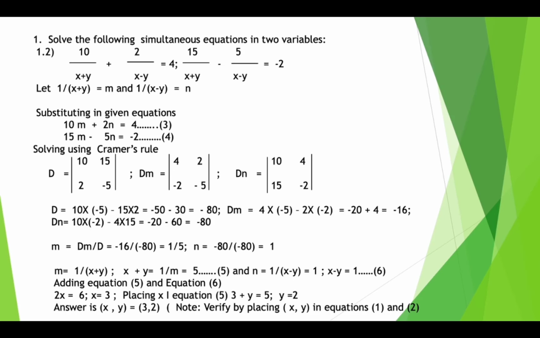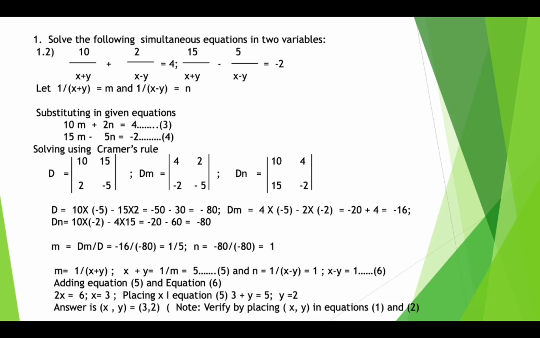Solve them simultaneously using Cramer's rule. Self-explanatory. Can calculate d, dm, dn, and m is equal to dm by d, which is 1 upon 5. n is equal to dn upon d, which is minus 80 divided by minus 80 is equal to 1.